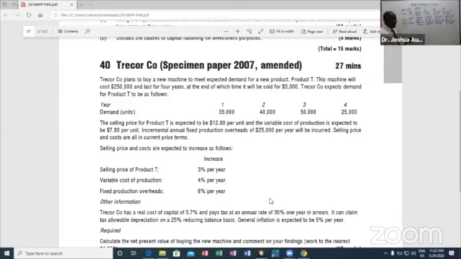Year two, we will be able to sell 40,000 units. Year three, we are going to sell 50,000 units. Year four, we're going to sell 25,000 units like that. So remember, price is value per unit.